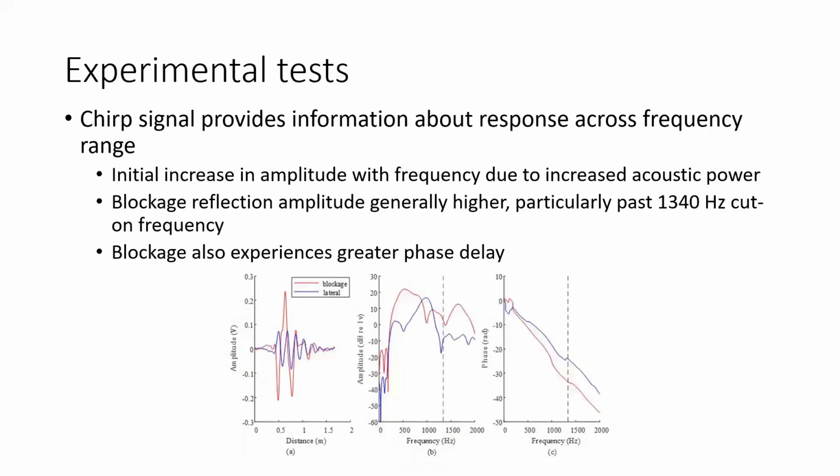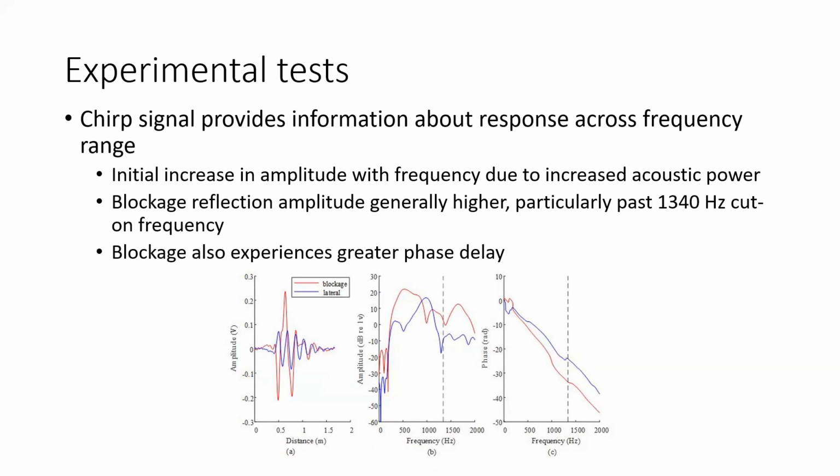So a benefit of testing using a chirp signal is that you can see the response across a range of frequencies. So on the left there is just a close-up of the 2 signals from the lateral and the blockage. You can see the blockage is much higher amplitude. And then the middle plot shows how the sound pressure level of the reflection varies with the frequency.